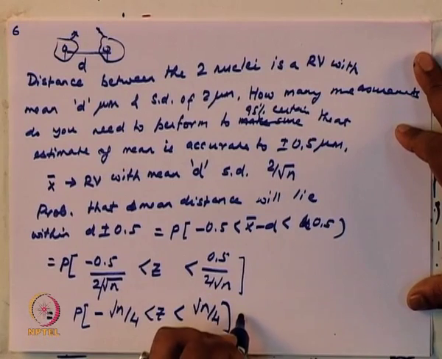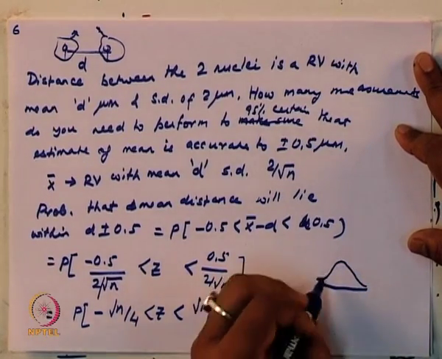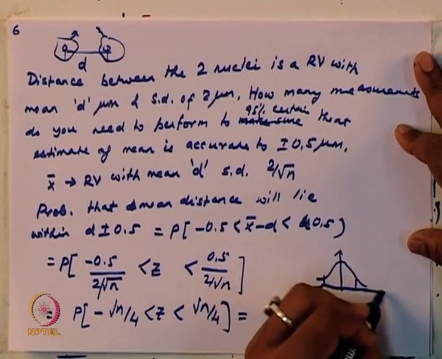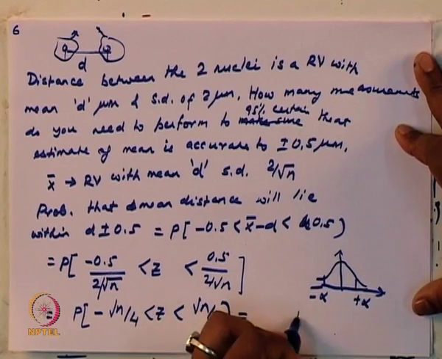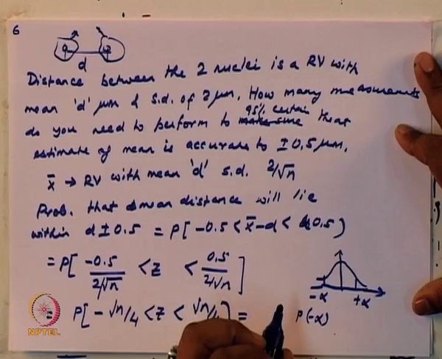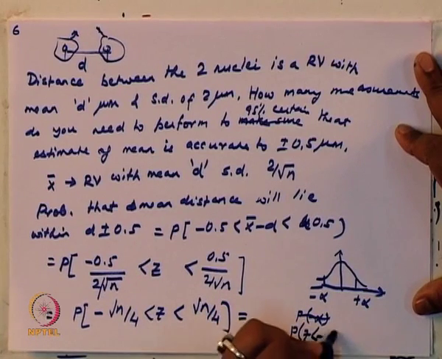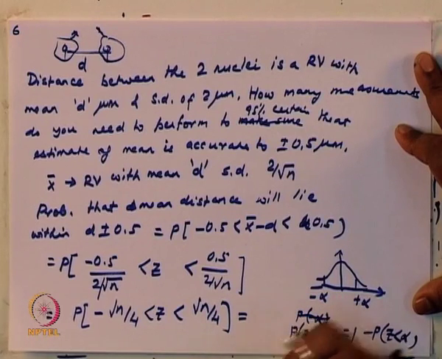So, you can convert this. If you have a standard normal distribution, with minus alpha and plus alpha, then the probability of z less than minus alpha is 1 minus the probability of z less than alpha.